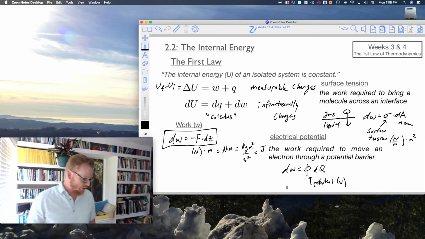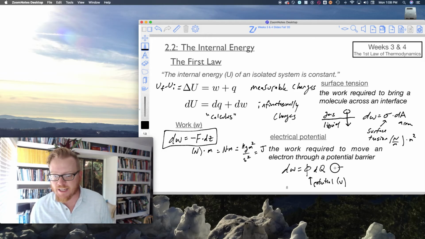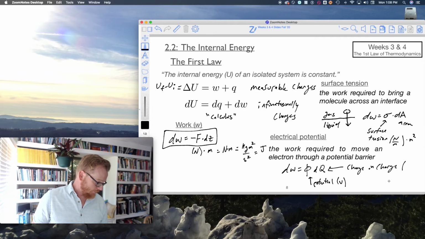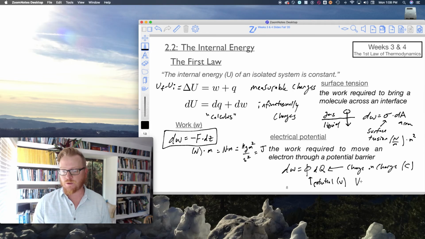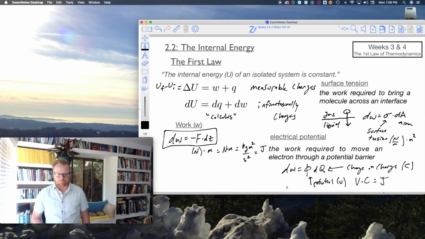That's my potential voltage. And this dq is a change in charge, okay? Which is given as a coulomb, right? And so if you take a volt times a coulomb, you get a joule, all right?